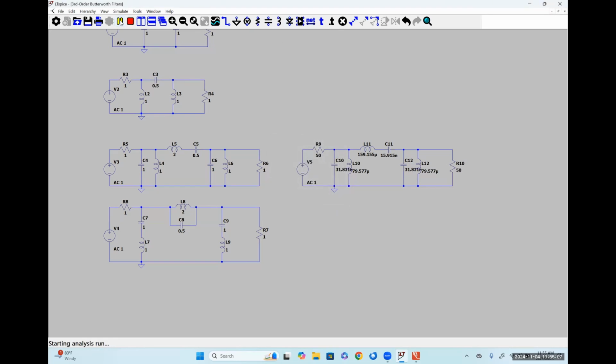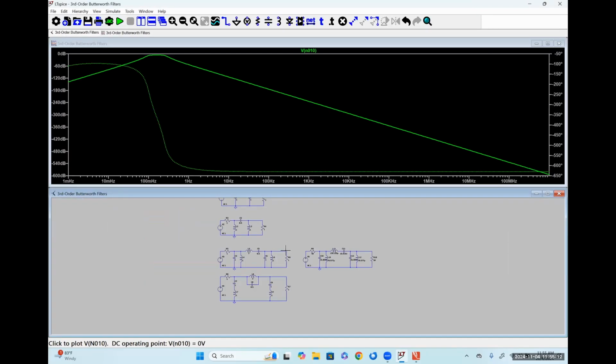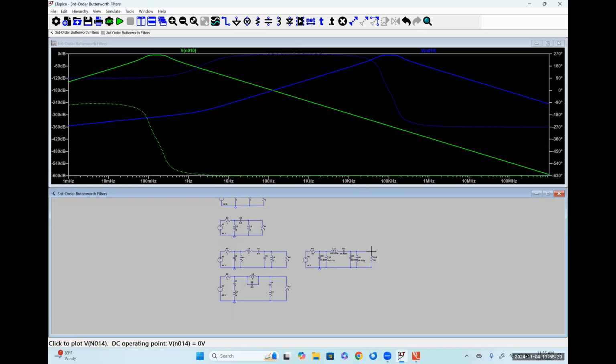So when I simulate this, here's my unscaled response, right? Where we have a center frequency at 159 millihertz. When I look at this guy, it should be the exact same graph, except that it's going to be shifted over to where the center frequency is at 100 kilohertz. That looks to be pretty legit, right?